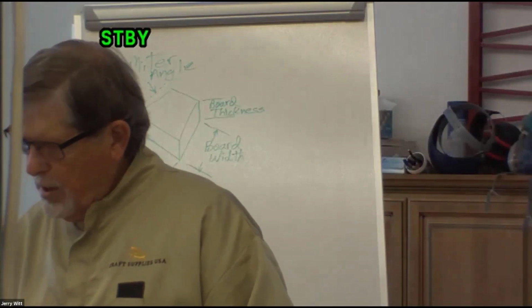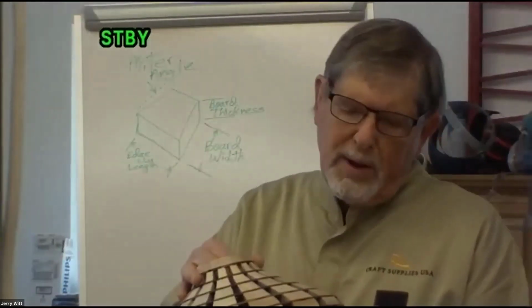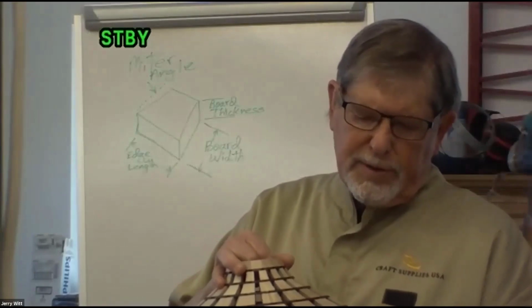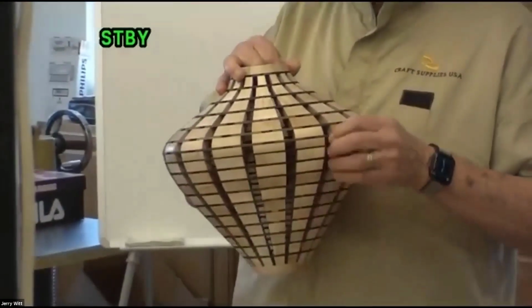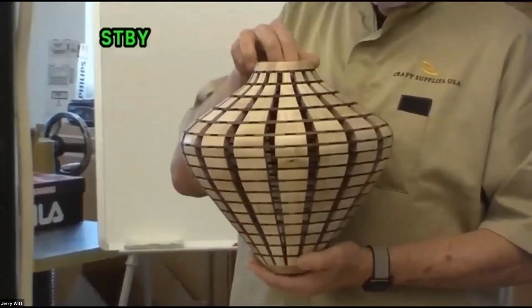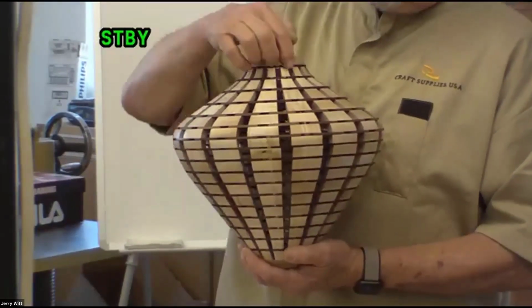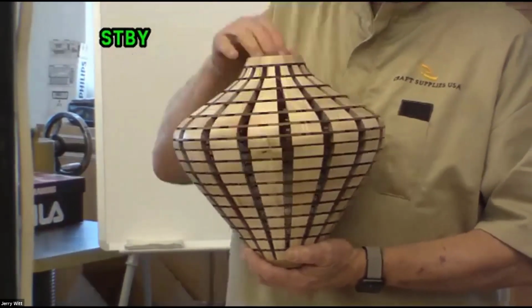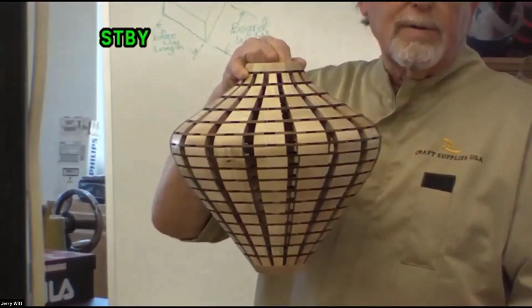If you change one setting in the program, you then can design a piece that looks more like this one, where the segments are different at every row. So instead of a 1/8 inch space, you end up with a different space throughout the whole bowl, which gives you just a totally different look.